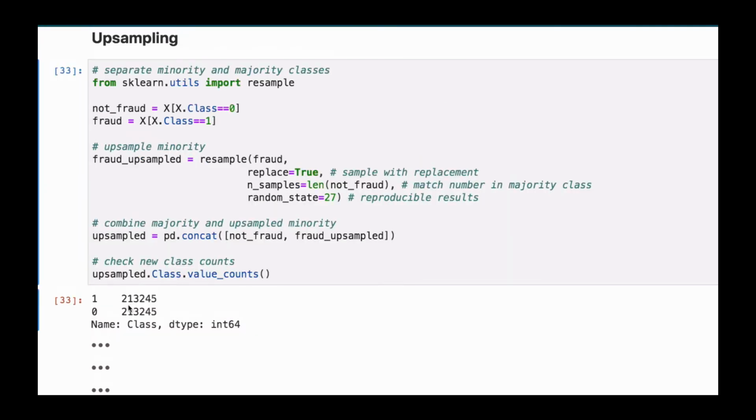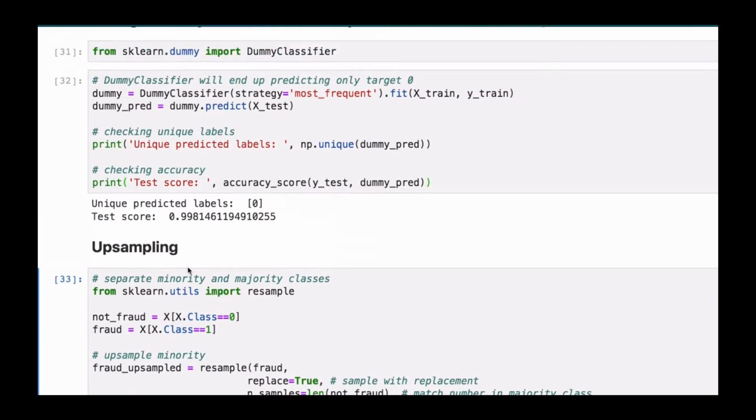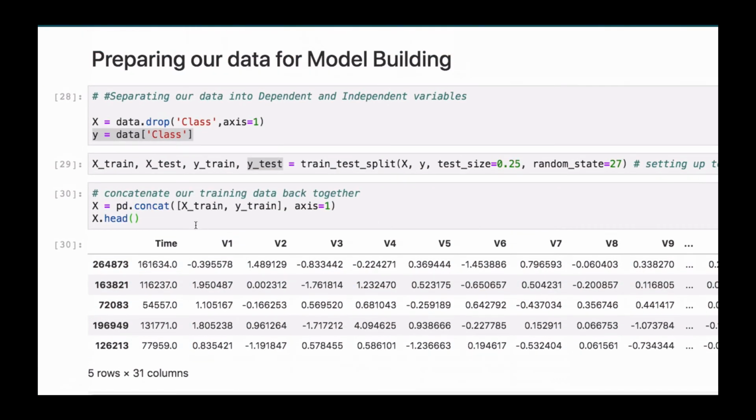Remember, these values are 213,245, and not like we were seeing earlier on, because we did this concat here after dividing our data set into training and testing, right?